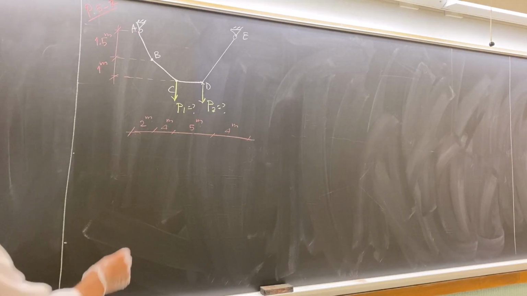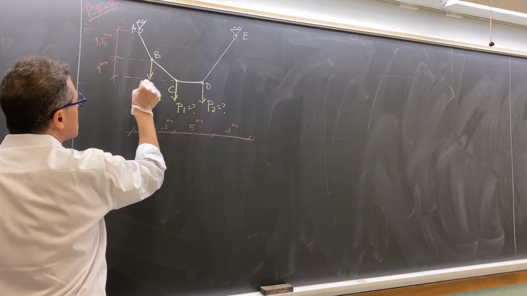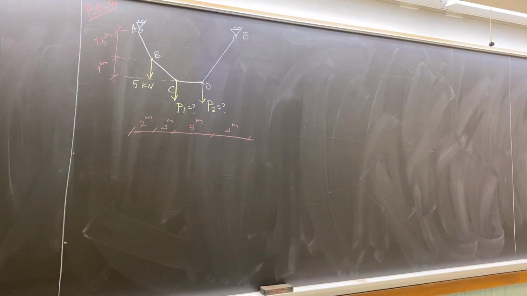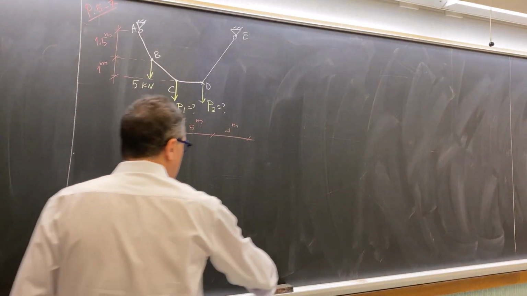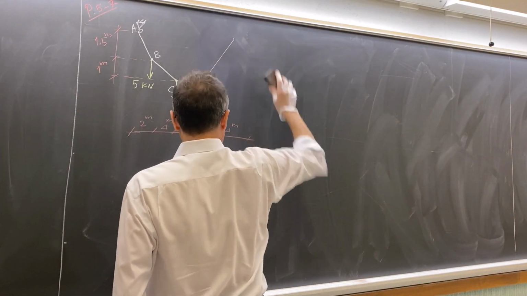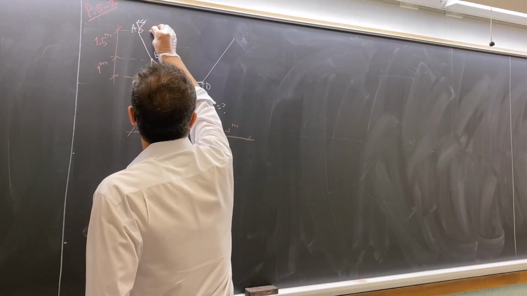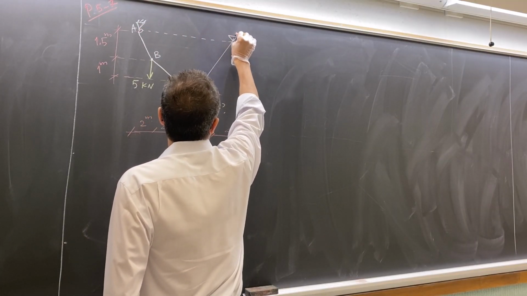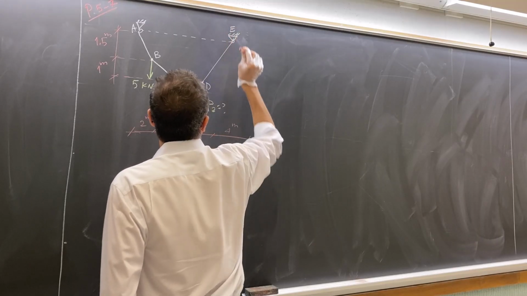And we also have 5 kilonewton here. So let me draw 5 kilonewton here. So basically we have 3 forces. And A and E are actually on the same level, like this. A and E are on the same horizontal level.